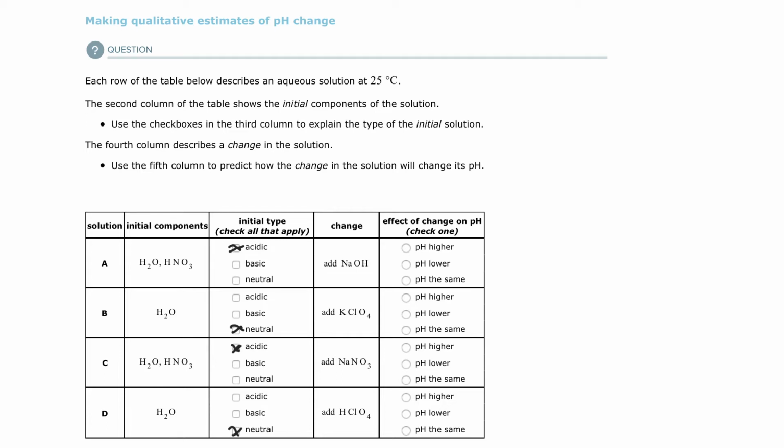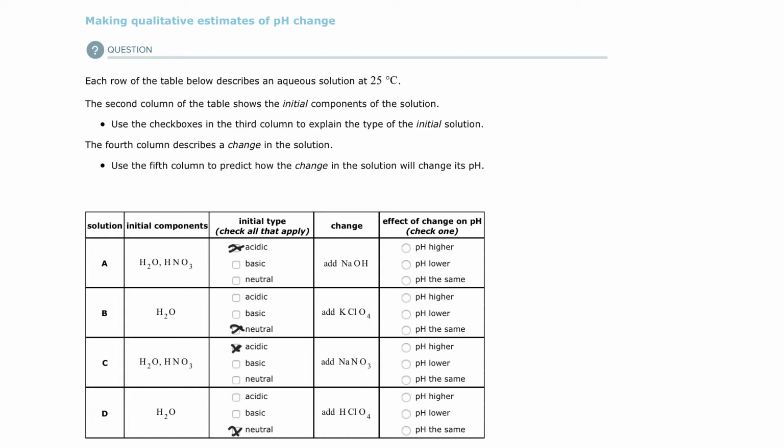All right, so we're starting here, and now they're going to add something and ask you what happens to the pH. So let's first of all say that if you have an OH, that's a base. If you add a base, the pH gets higher, towards 14.